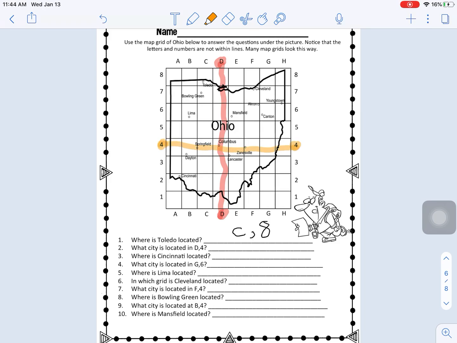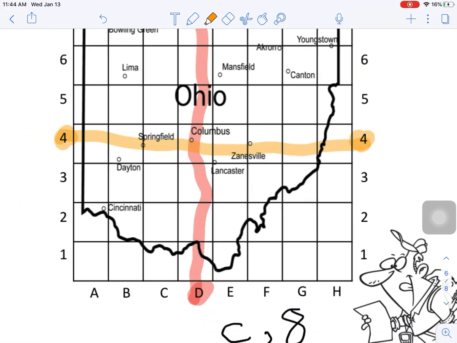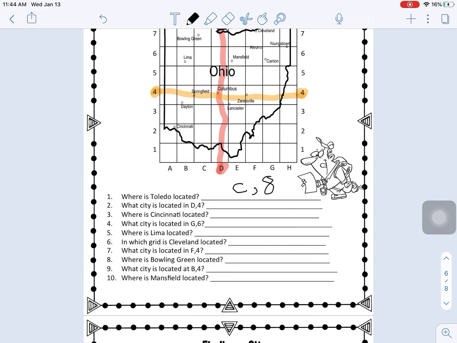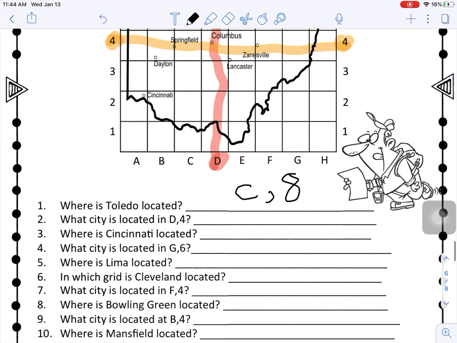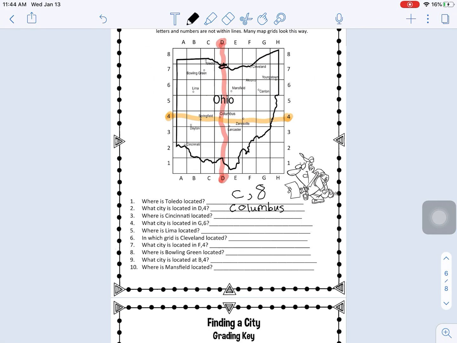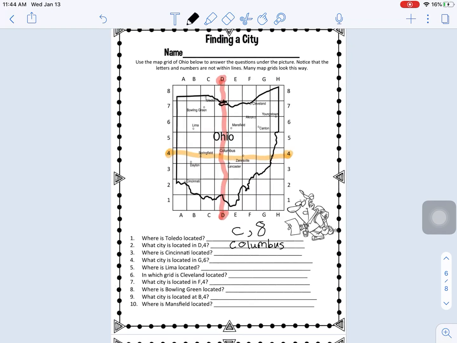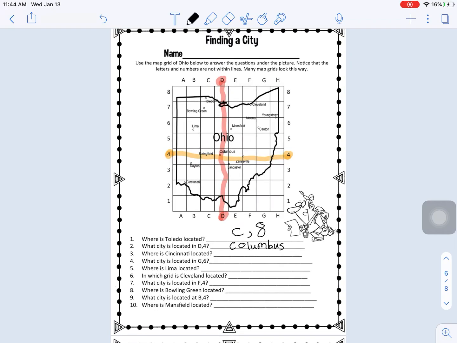Where do those lines meet up? Where do they both cross over? Columbus would be my correct answer. So then I could write in D4, I would write Columbus. I would recommend typing because these lines are very tiny, but it is up to you. So this is what you'll be doing on your own today.